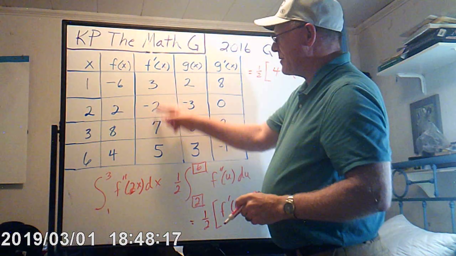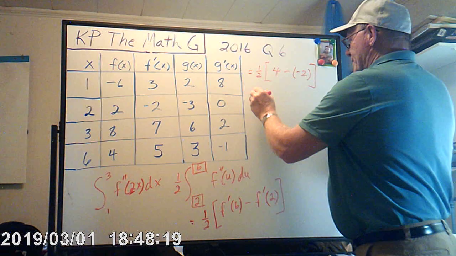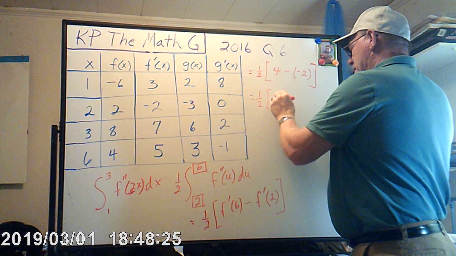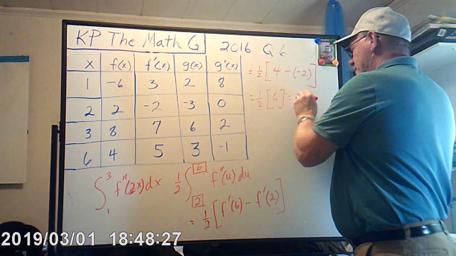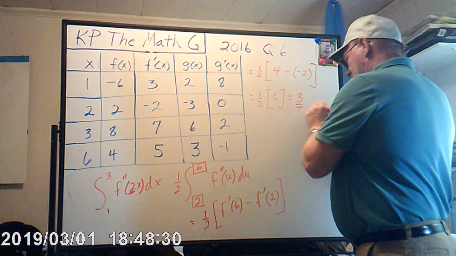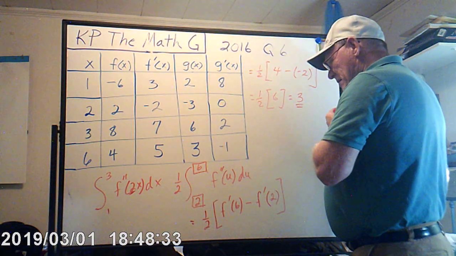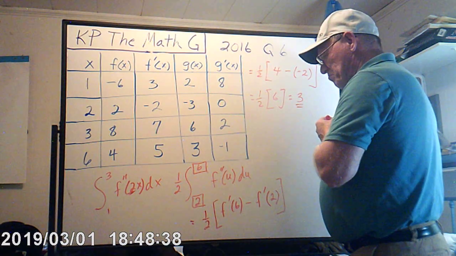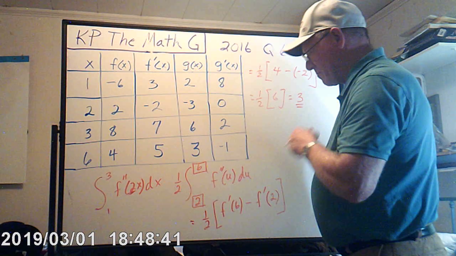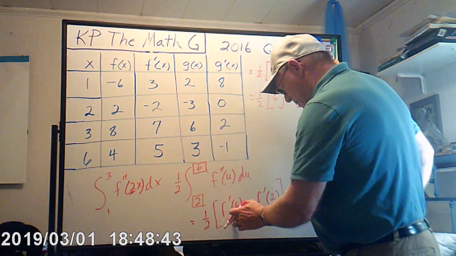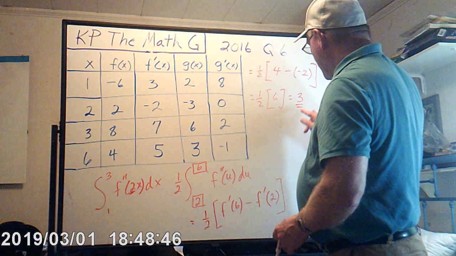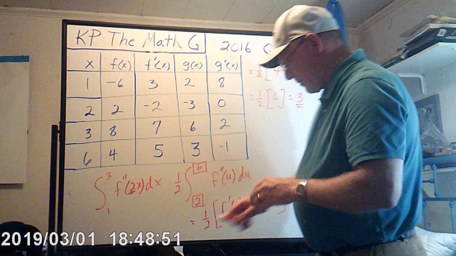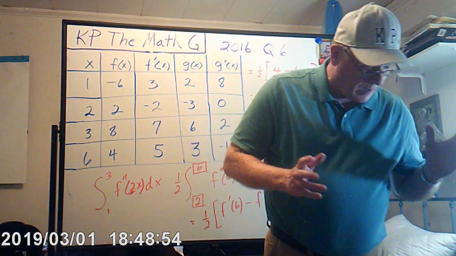So equals 1/2 times 4 plus 2, which is 6. So half of 6 is 3. I do believe I got all of that correct. Just make sure that you understand that I'm thinking that is 3. It's been a while since I've looked at the final answers to these.